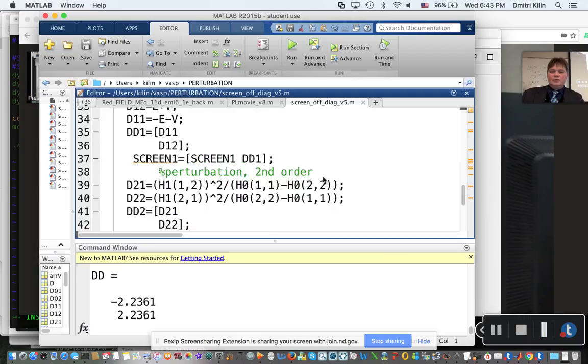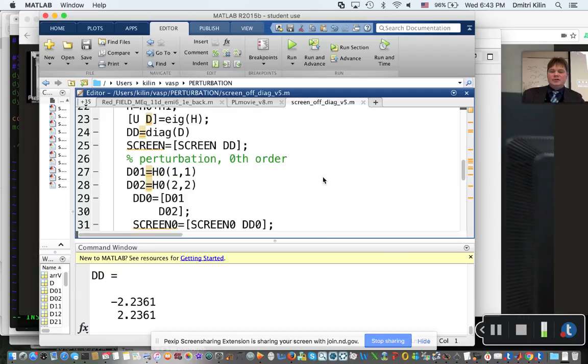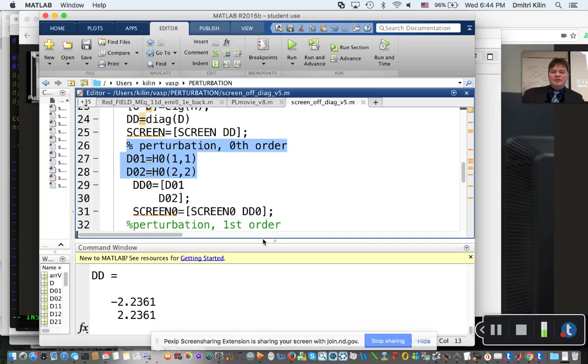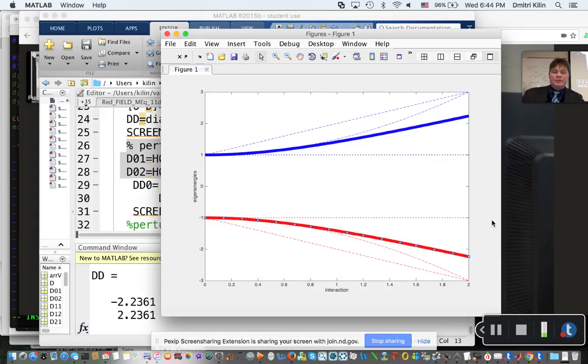So here we set up the zeroth order correction, which is just the unperturbed diagonal elements of the Hamiltonian, and we place them into screen 0, and then we plot them. So screen 0 is the dotted line. It is the same as for zero perturbation all the time. Even if you increase perturbation, zeroth order doesn't change, right?